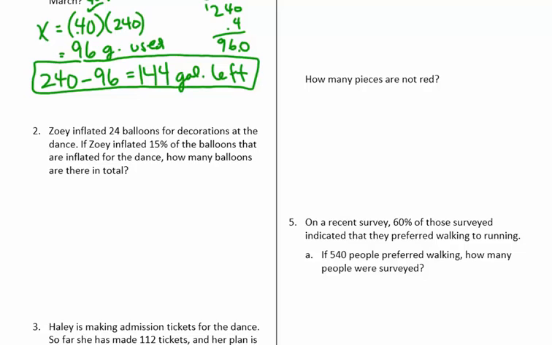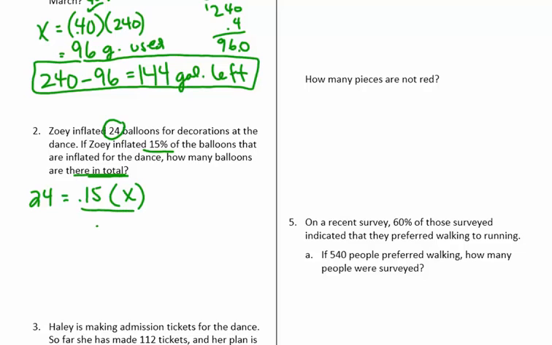Zoe inflated 24 balloons for decorations of the dance. If Zoe inflated 15% of the balloons that are inflated for the dance, so 15% represents 24 of them. How many balloons are there in total? So I'm looking for the whole, or the total. So the part is 24, and that's 15%, 0.15 times the whole.